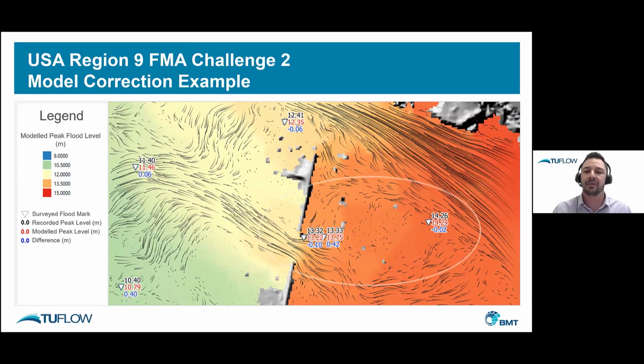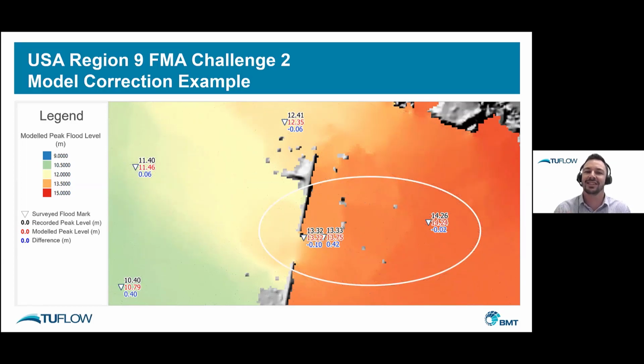Now, if we open up that bridge, surprise, surprise, we get a good calibration. The model result is now really nicely aligned with the recorded data. So focusing on these key areas, which will have a strong influence on the hydraulics, is really valuable in getting the correct answer.